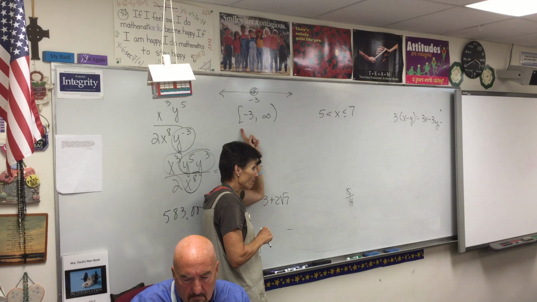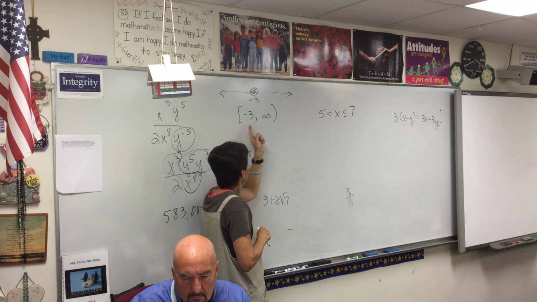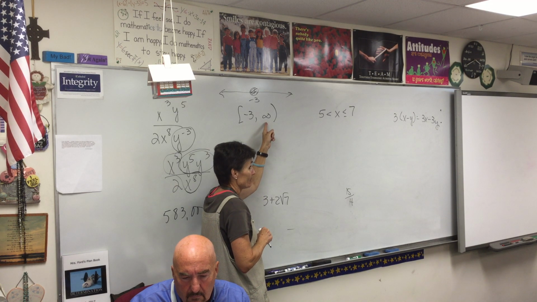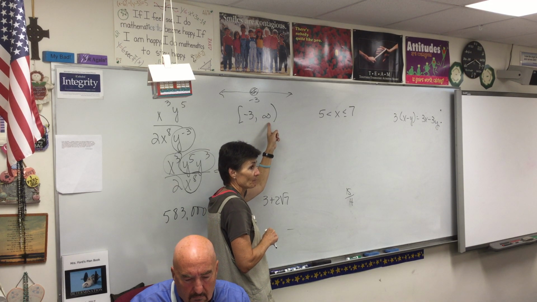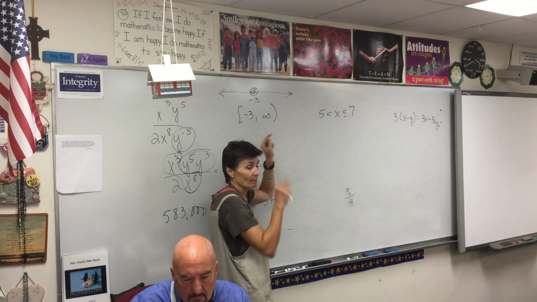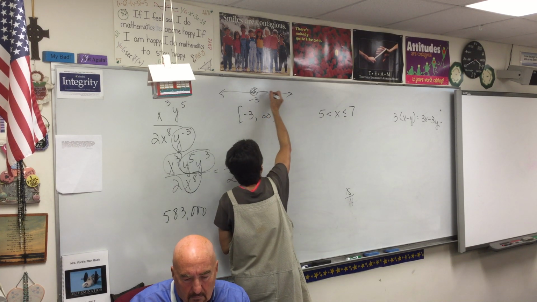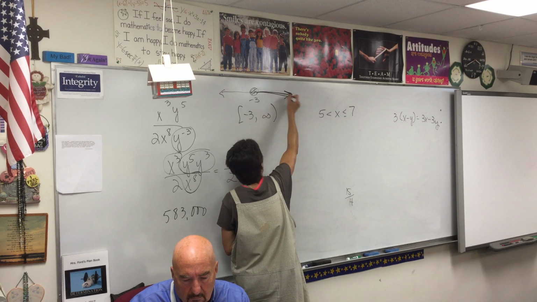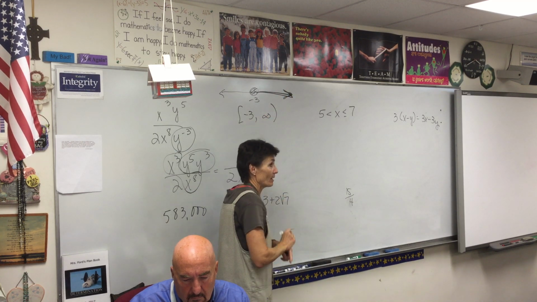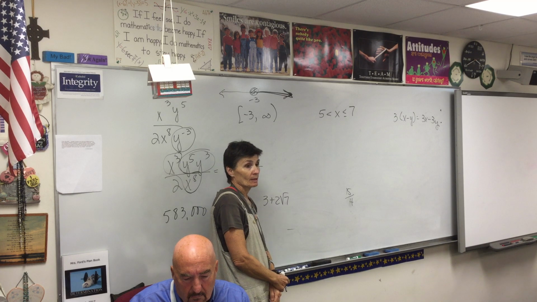What means open dot? Parentheses. Okay, now there's an infinity. Now what kind of infinity is that? Well, it's a positive infinity, and positive infinities are that way. So we just shade in the whole number line, including the arrow, to the right. Got it?